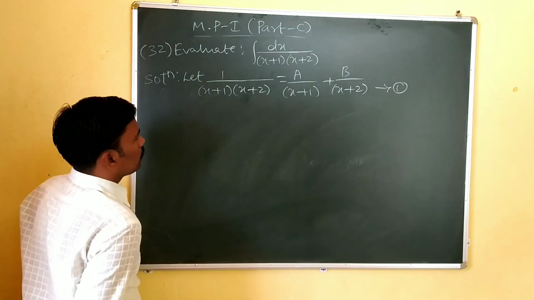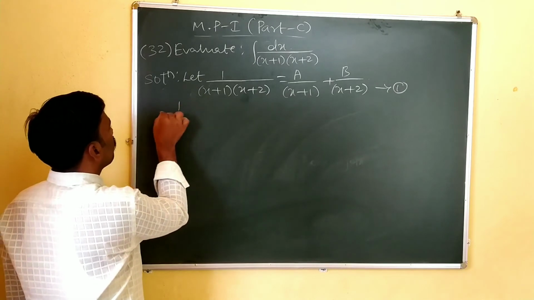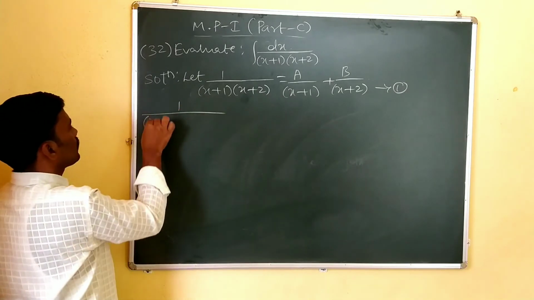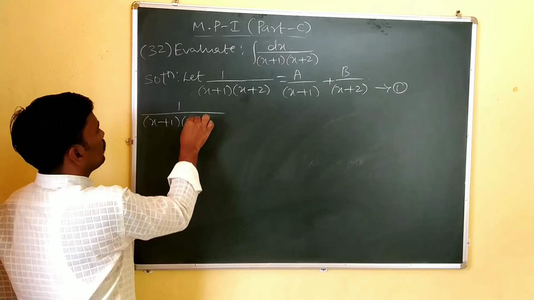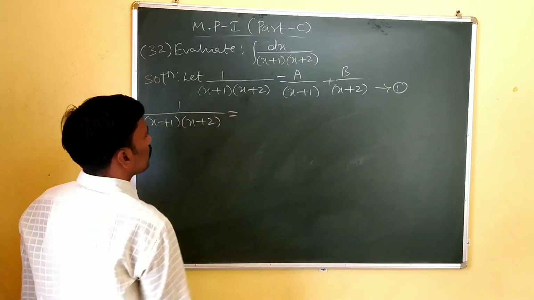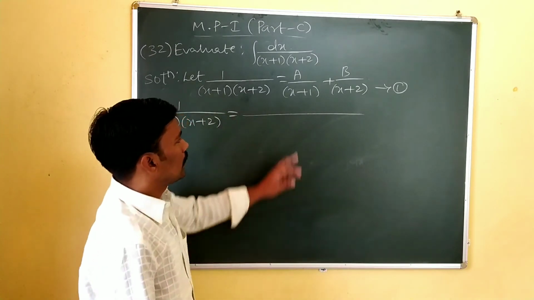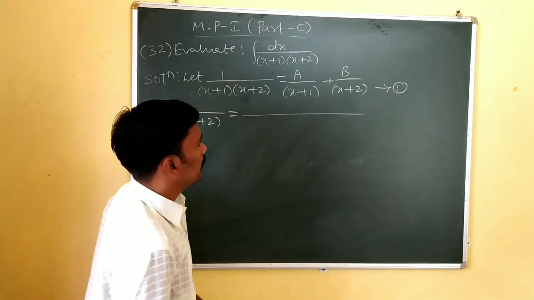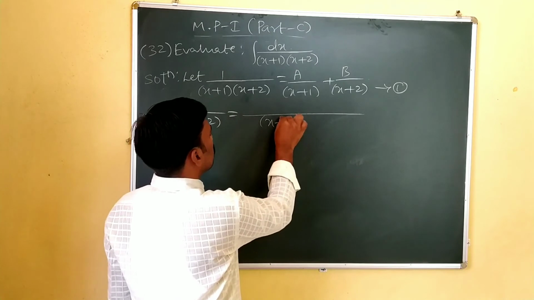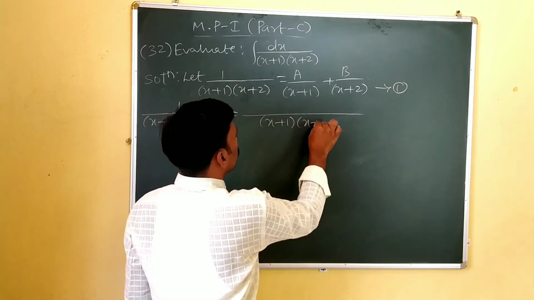Now take LCM on both the sides. It is 1 divided by x plus 1 into x plus 2, equal to the LCM of two different linear factors, which will be their product. The LCM of x plus 1 and x plus 2 is x plus 1 into x plus 2.